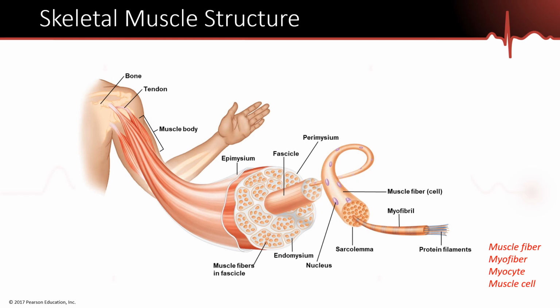And now what we're going to do, now that we've done that, is we're going to really focus in on the cellular level, right? We're going to focus in on these individual muscle fibers or these muscle cells. We're going to look at their structure, and through their structure, how they actually function to generate force.